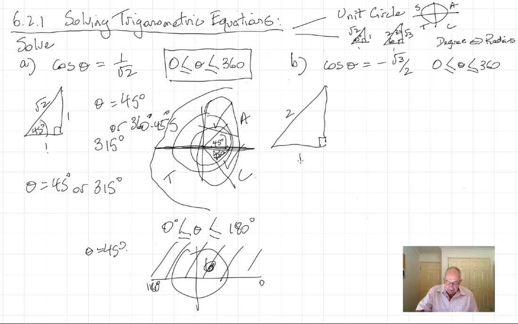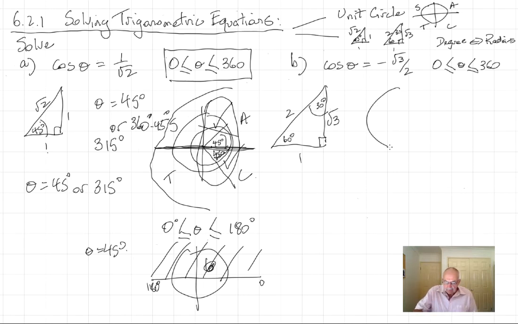So this is 2, this is 1, this is 60, this is 30, and we know that's root 3 there. So which angle in this triangle has a cos of root 3 on 2? It's adjacent over hypotenuse, so it's 30 degrees.